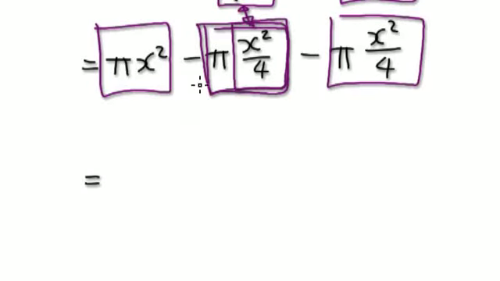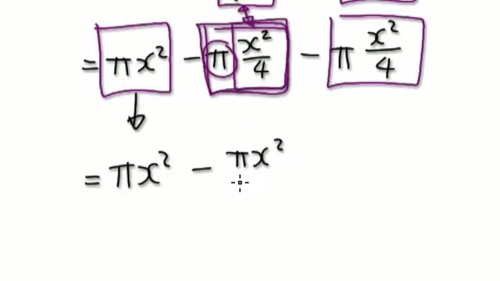So now let's tidy it up. So this becomes this. This one here becomes this. Take away. Now you've got pi timesing a fraction, so it gets multiplied to the top. Okay, let's do it as pi x squared over 4. You could write x squared pi over 4.